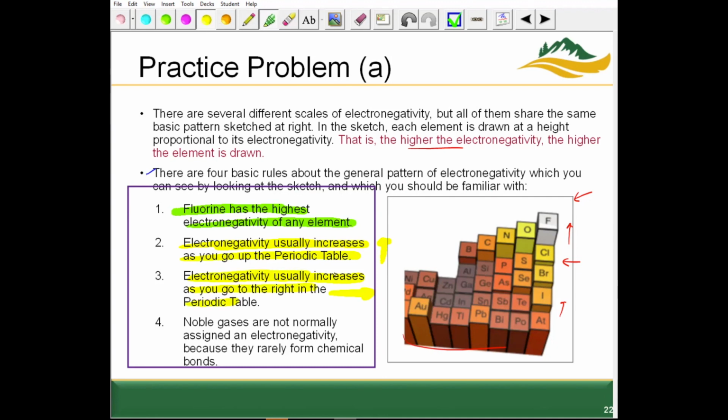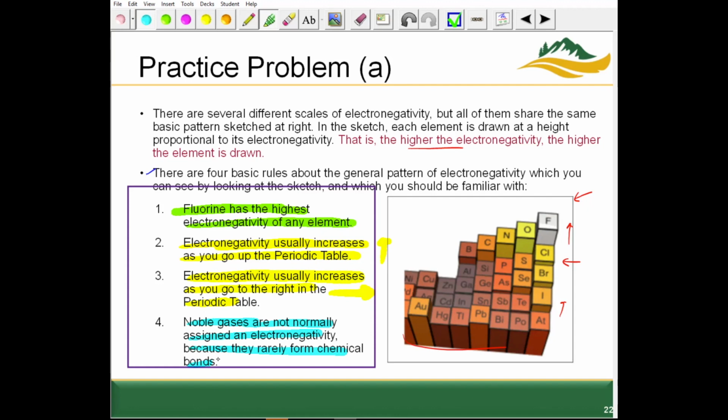Also, electronegativity usually increases as we go to the right across a period or row in the periodic table. Because we think about electronegativity differences, especially within bonds, we actually don't usually assign noble gases a value for their electronegativity.